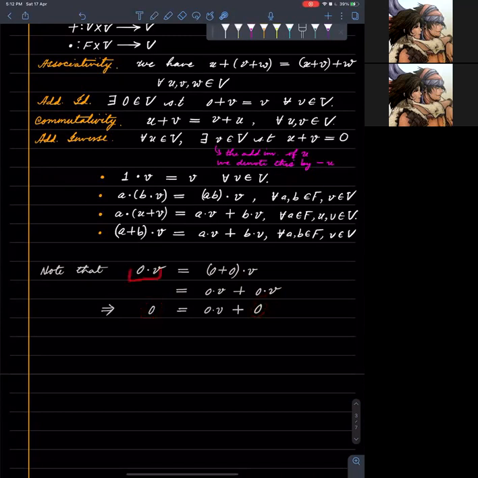Whatever this vector is, we have just added the additive identity of this vector on both sides of this equation. So this gets killed and becomes the 0 of the vector space. And by the property of the additive identity, this is just 0 dot v. So the upshot is that if you scale any vector by the 0 of the field, you get the 0 of the vector space.